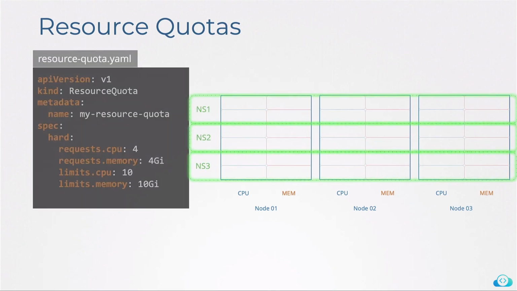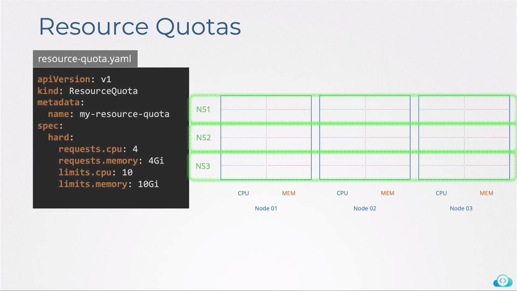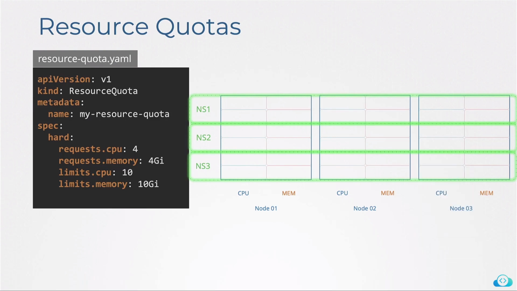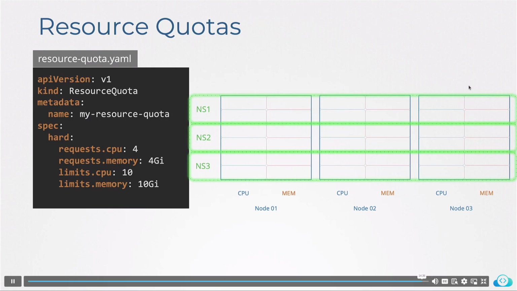A resource quota is a namespace level object that can be created to set hard limits for requests and limits. In this example, this resource quota limits the total requested CPU in the current namespace to 4 and memory to 4 GB. And it defines a maximum limit of CPU consumed by all the pods together to be 10 and memory to be 10 GB as well. So that's another option.